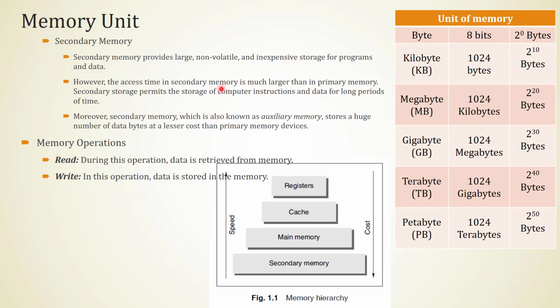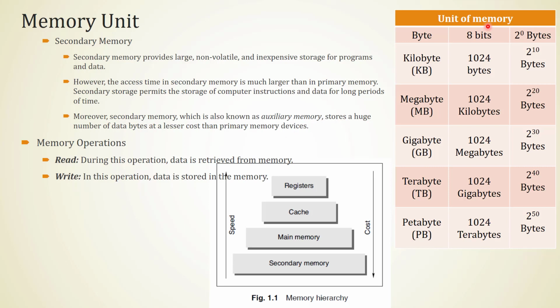The access time in secondary memory is much larger than in primary memory. Secondary storage permits the storage of computer instructions and data for long periods of time. If a file is stored in a pen drive, we can keep it there for a longer time until we delete it. Moreover, secondary memory, also known as auxiliary memory, stores a huge number of data bytes at a lesser cost than primary memory devices.